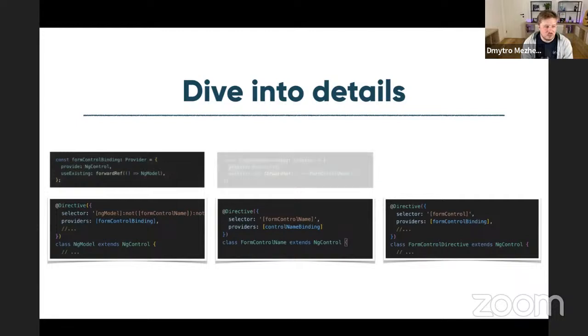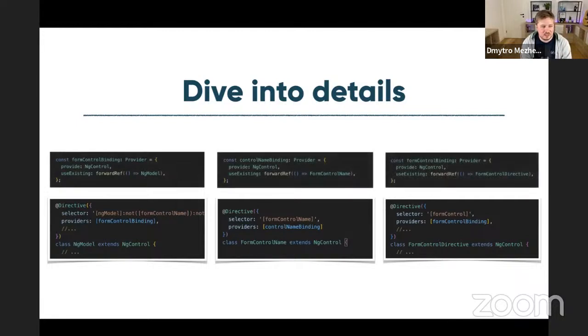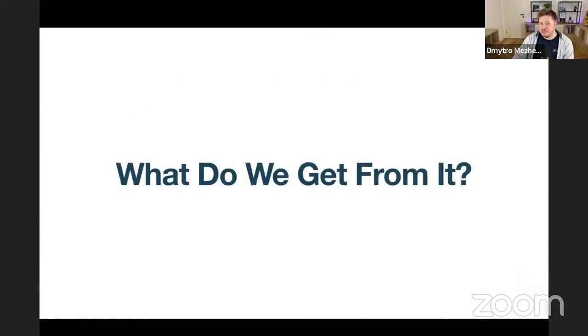If you have a look at what is inside, you will see the following construction. You have an object where you provide the NgControl token, and then it resolves to the existing NgModel for the NgModel directive. For the FormControlName directive, it will resolve to the existing FormControlName directive instance, and so on.